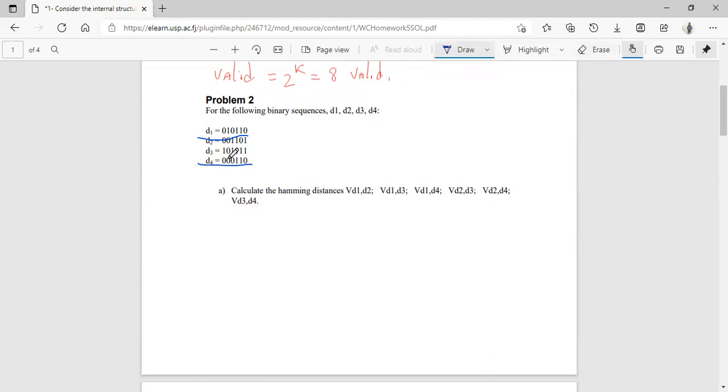At this particular bit, there's a difference. 0 and 0 are like bits. 1 and 1 are like bits, 1 and 1 are like bits, 0, 0 is like bits. So we have only one bit in between these two sequences that is different, right? It is this second bit over here. So the Hamming distance between D1 and D4 is just 1.